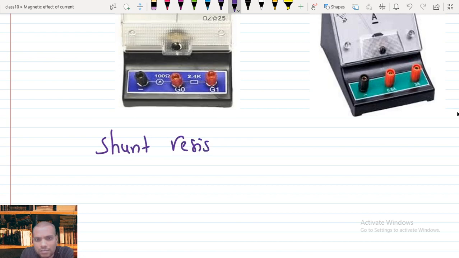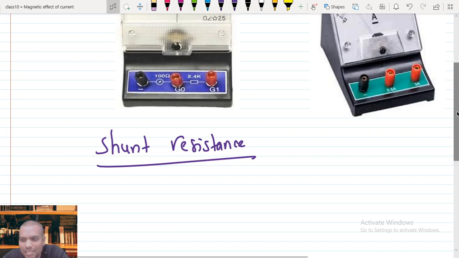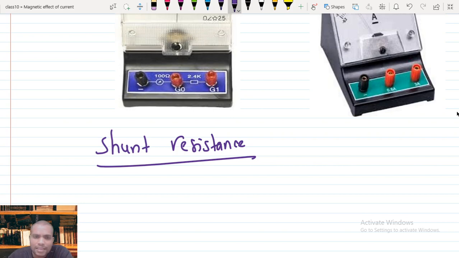Shunt resistance is a very low resistance which is connected in parallel with the galvanometer. We know that when resistances are connected in parallel, the total resistance decreases. So if we connect a shunt resistance across the galvanometer, then the current through it decreases.